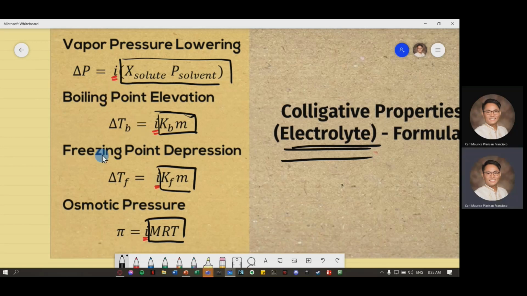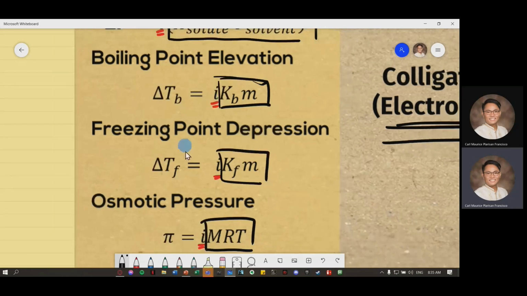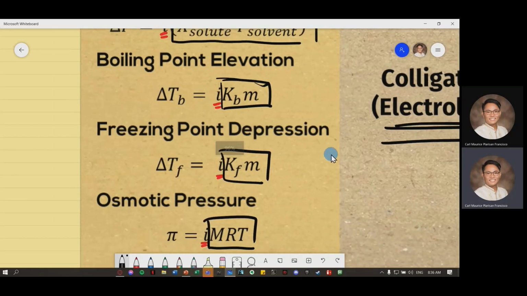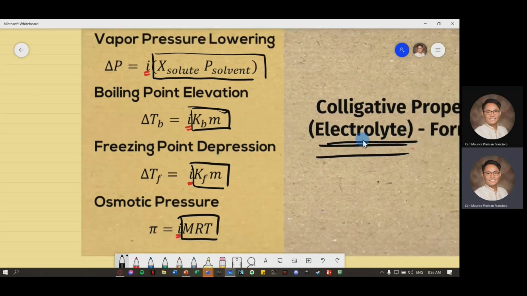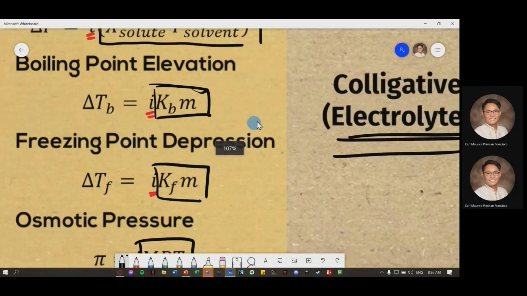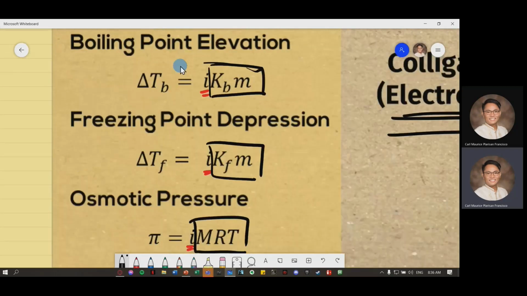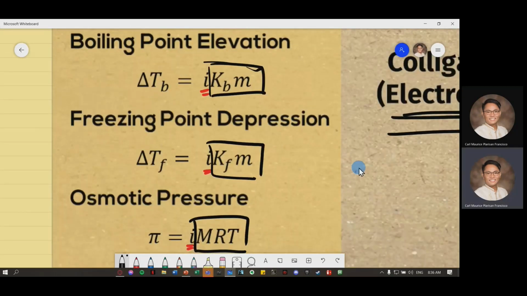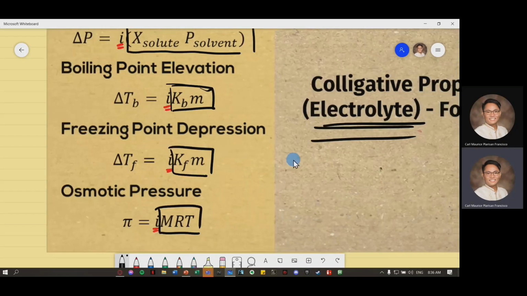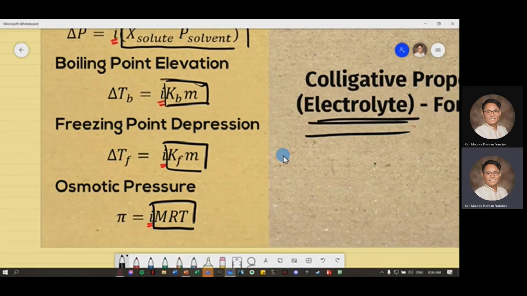Because remember, the purpose of having the Van Hoff factor is to account for the ions formed from the electrolyte. Yun lang po. Yun lang ang pinagkaiba. Parehas pa rin ng forma ng equation tulad ng non-electrolyte. Ang pinagkaiba lamang po kapag electrolyte solution, meron lang factor na letter i. Meron lang Van Hoff factor, to account for the number of ions formed from the electrolyte solutions.